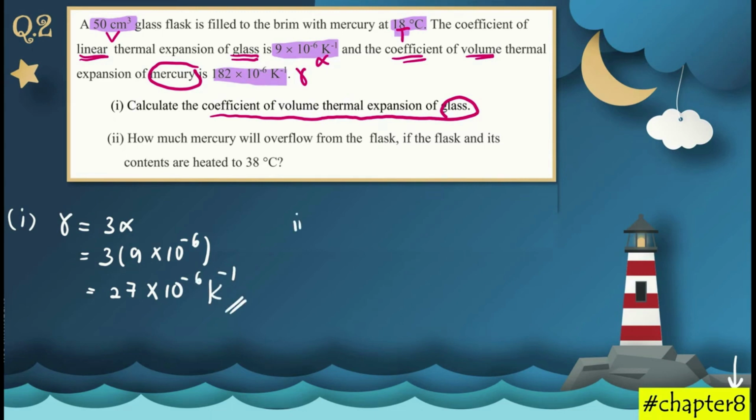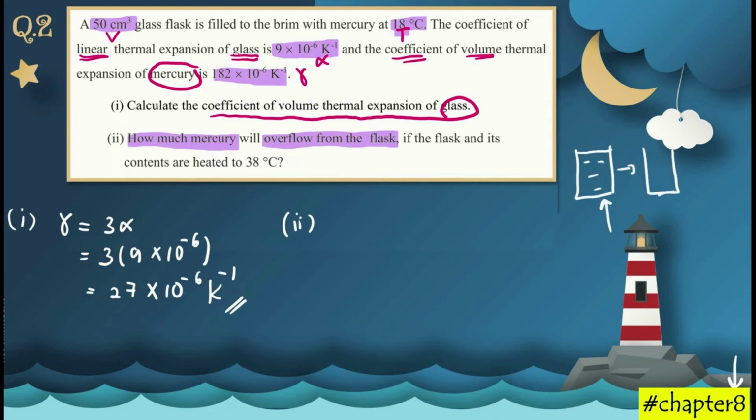And the second question, we need to calculate the amount of mercury overflow from the flask. Please note in your mind that when we heat up a flask with mercury, both mercury and the flask are expanding, meaning that there will be an overflow of liquid, or the mercury in this case.